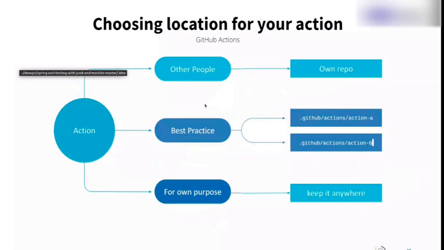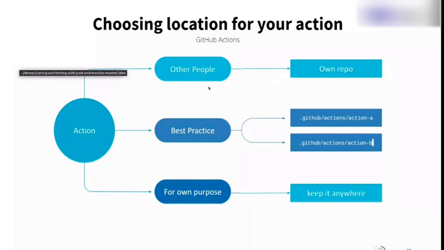So the next point is choosing a location for your action. As I said, there is a third action type, which is the composite action. It means that we can create our own actions and we can store them so that we can use them from anywhere. So what exactly should the location be for those customized actions? Let's suppose you are creating an action for other people, not for your own purpose.